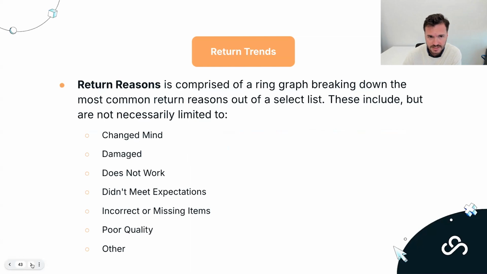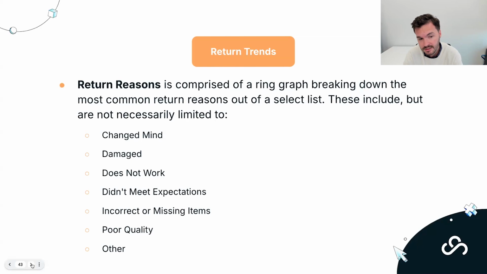So these return reasons, again, this is newer. This is a newer level of insight for something as broad as SupplierOne, but we're really getting into the details of why the item was returned. Some of these are customer related, some of these are retailer related.